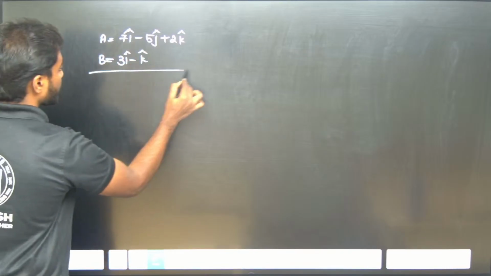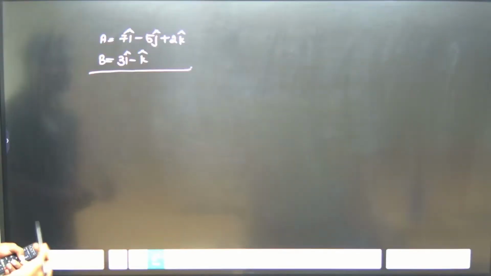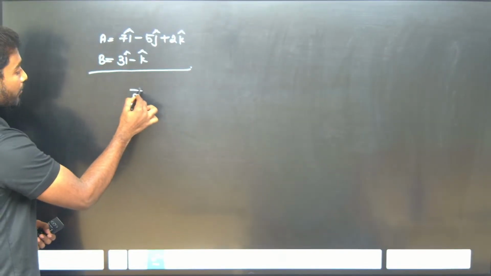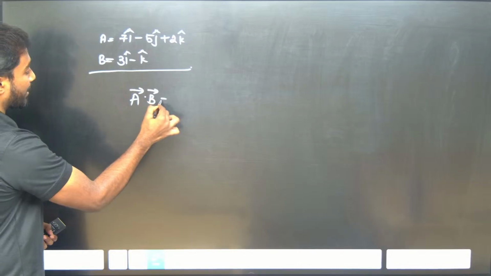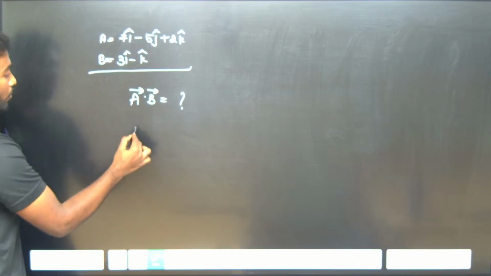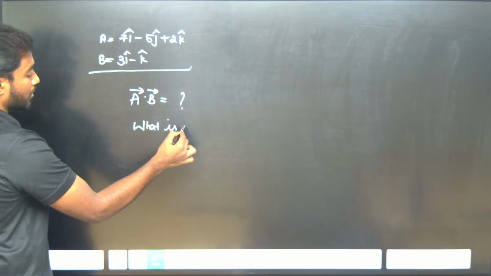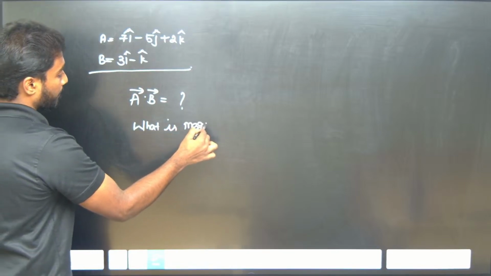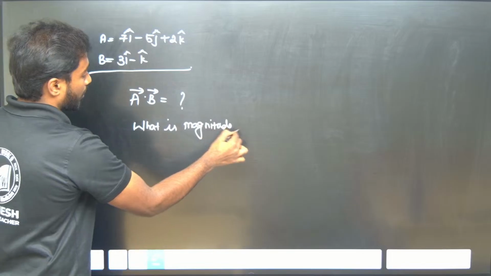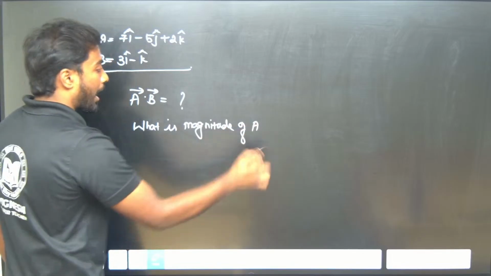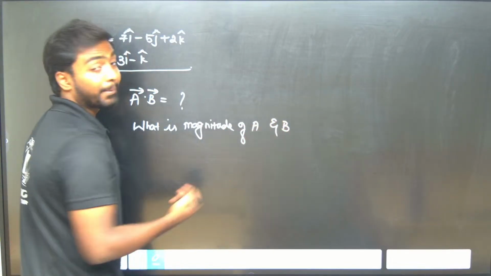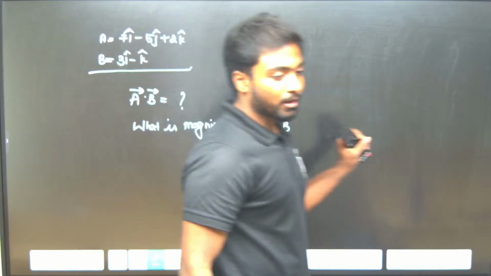I need A vector dot B vector answer, and what is the magnitude of A and B separately? Okay, these two things I need to get now.